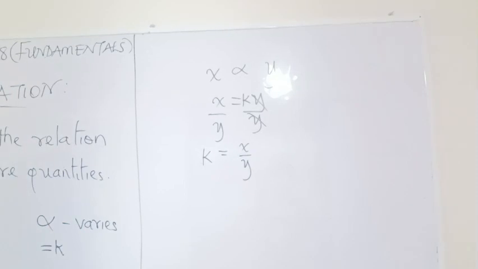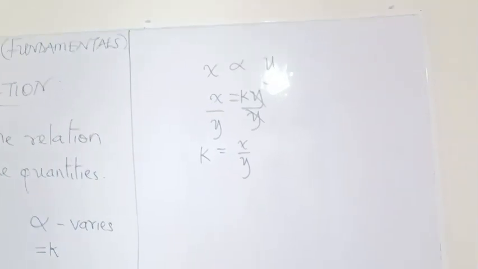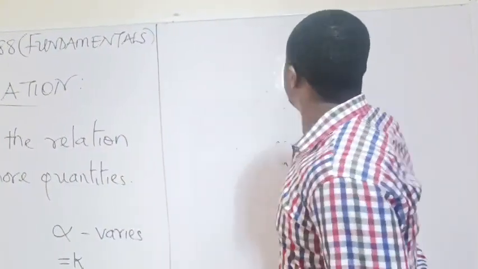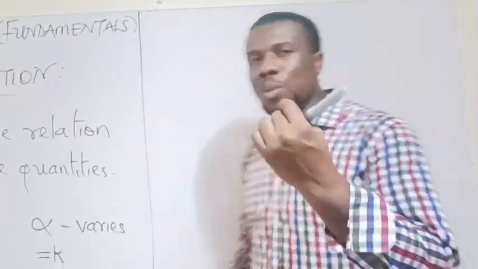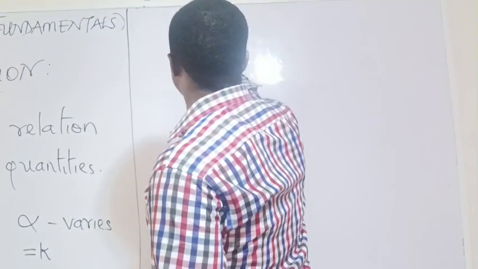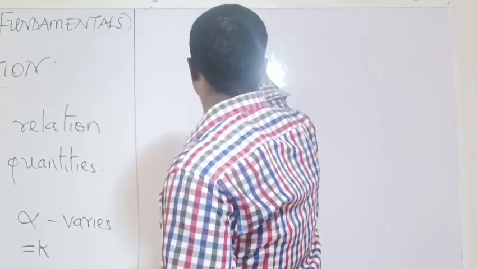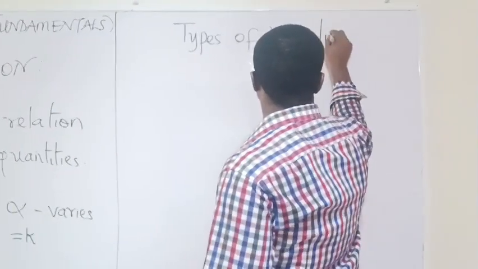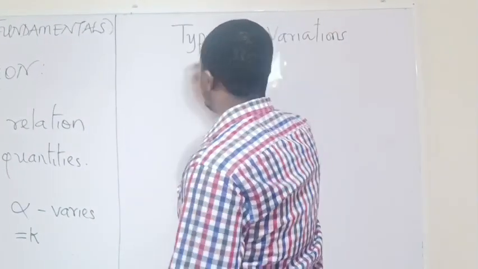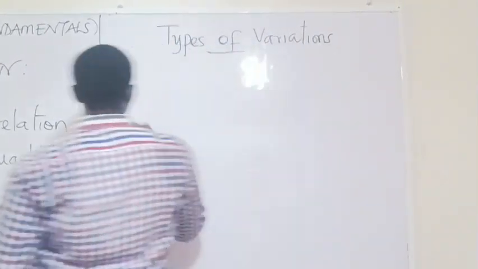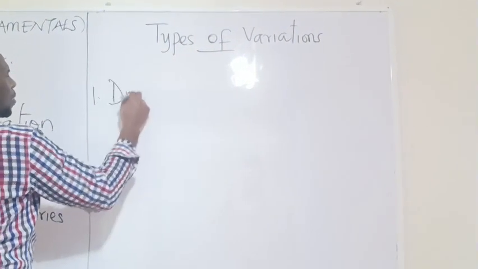All right, and now let's quickly talk briefly about the types of variations. There are types of variations, and I will treat each of them extensively. So the first one is direct variation.